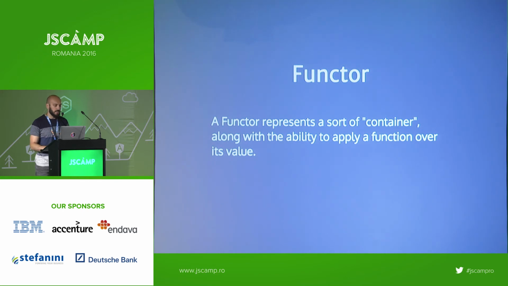But what we care about is the definition in the functional programming world, where a functor simply represents a kind of container, right? We will see a better abstraction a bit later, but for now we can consider it a container that holds a value. And this container allows you to apply a function to the value that it contains, right?